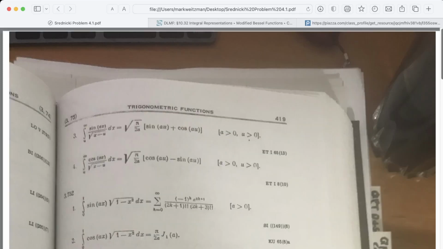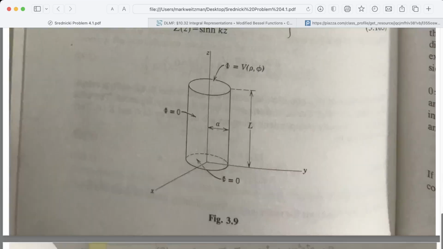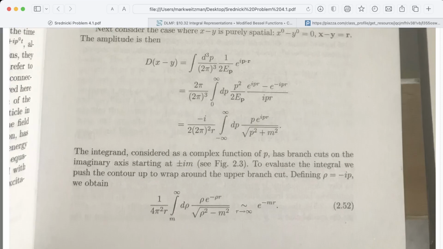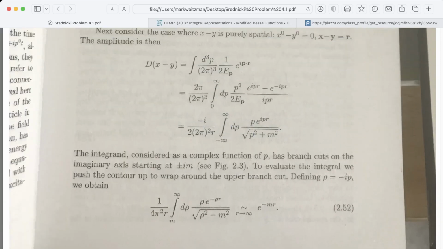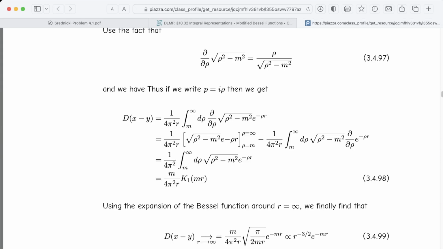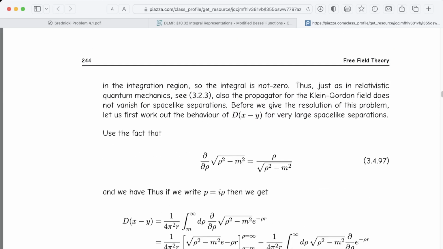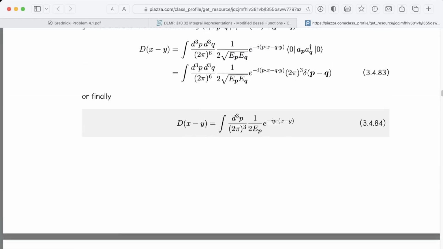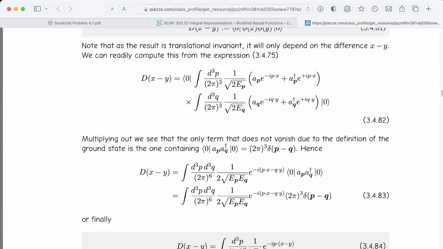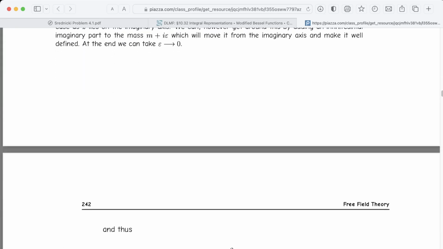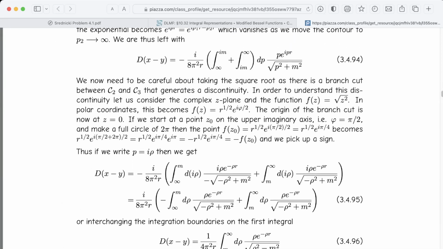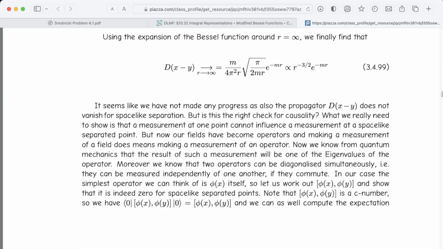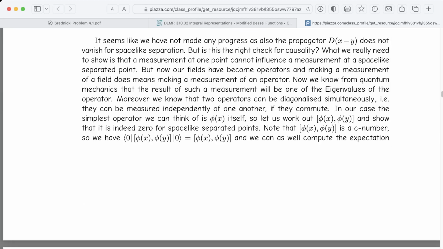If I look here, this is Peskin and Schroeder, page 27, where they evaluate it. This guy has like 2,000 pages of notes, a lot of which follows Peskin and Schroeder, and he does this integral in great detail, giving you references to the digital libraries for the Bessel functions and everything. So you can look at this also. Here are the contours. So this is another thing to look at.